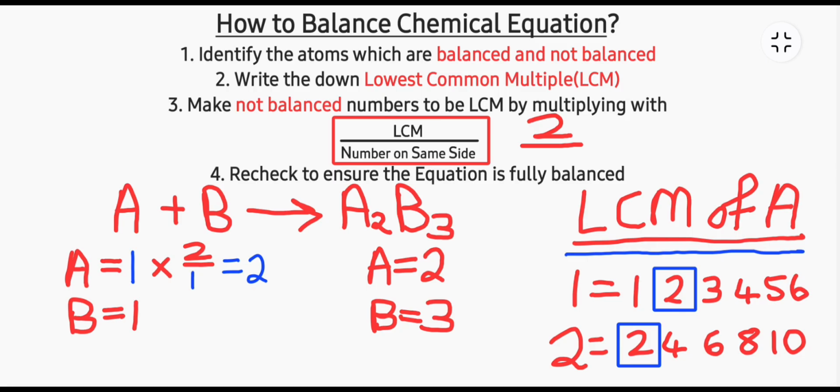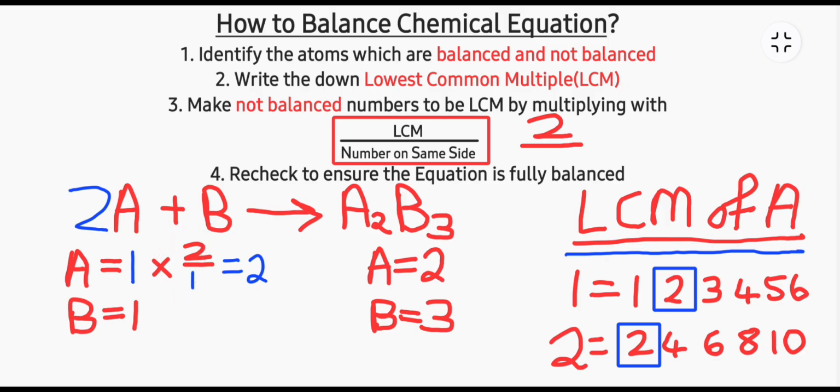And then immediately after that, now that this is an LCM, I will take this and multiply in front of A. So as I place a 2 over 1 in front of A, it becomes 2A. And remember 2 over 1 is a 2.